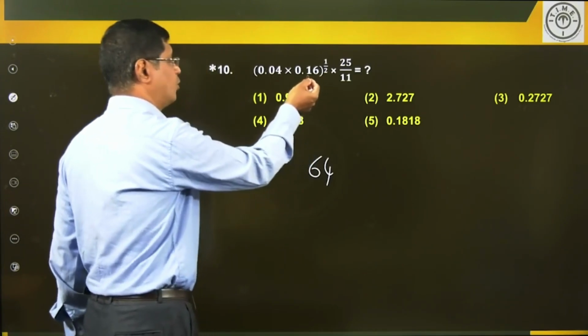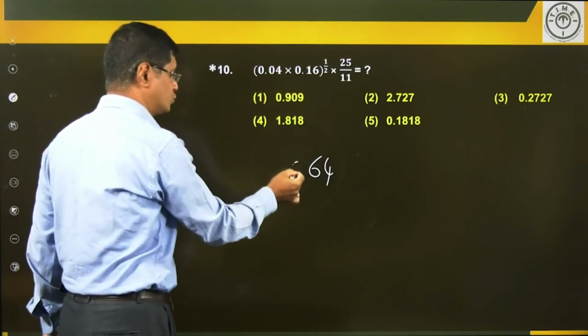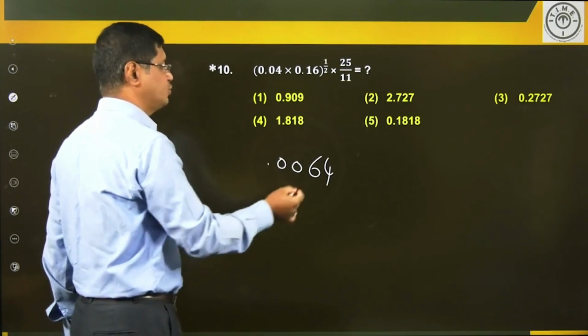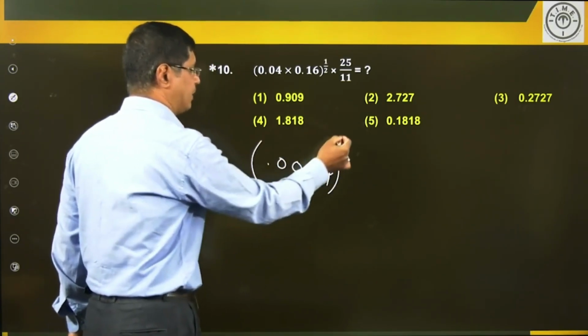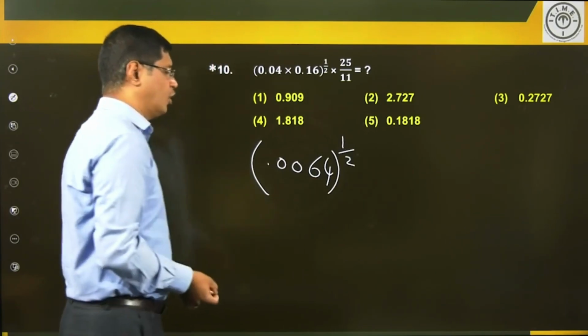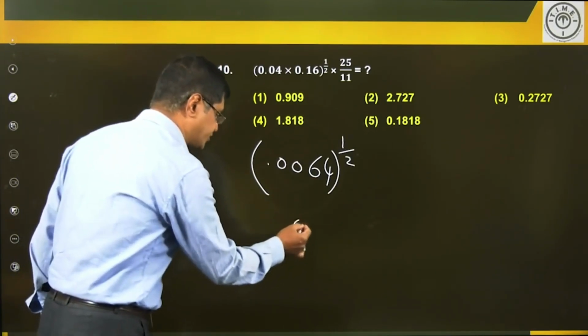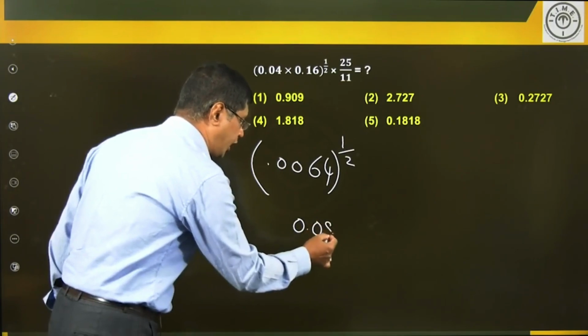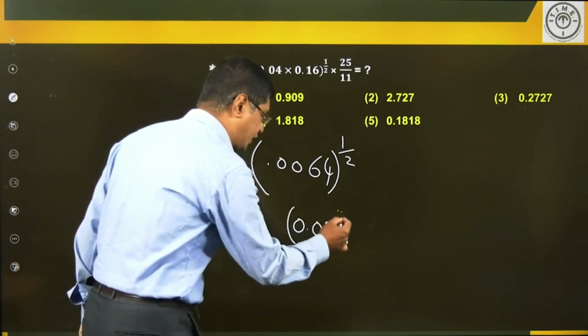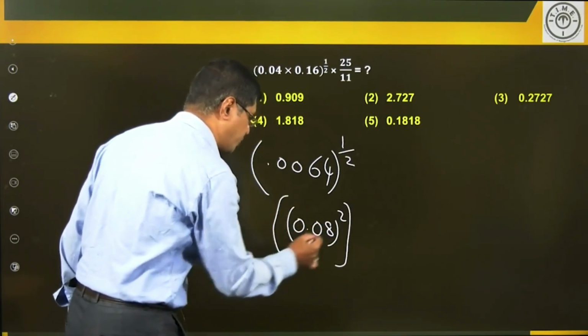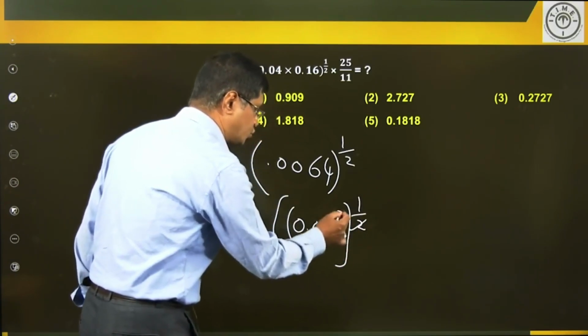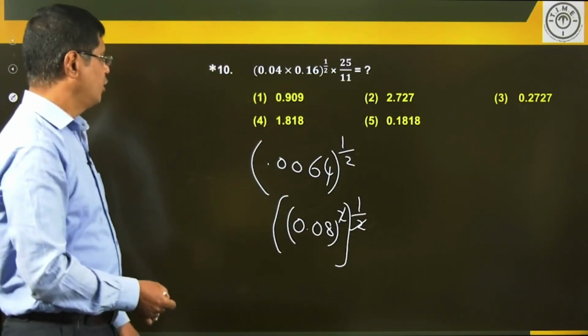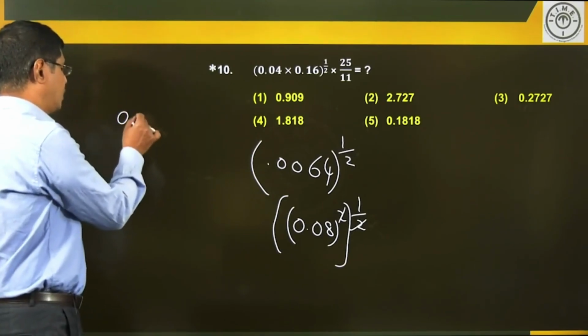Now, decimal, how many places here? 1, 2, 3, 4. So, total 4 places decimal I need to maintain. So, 64 to the power 1 by 2 means 8 square. So, what is the discussion here? 0.08 whole square to the power 1 by 2. 2 into 1 by 2 means 2 and 2 get cancelled. What is the result? 0.8.